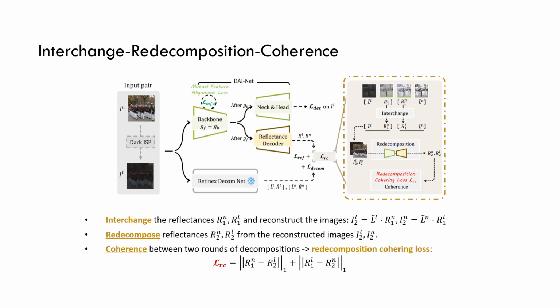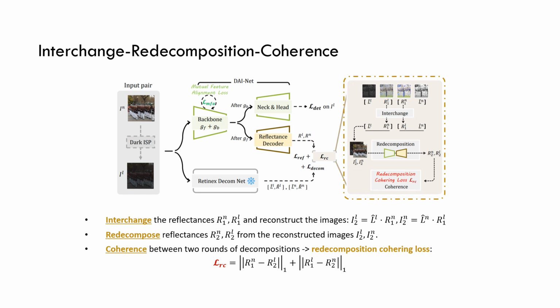Secondly, we aim at improving the vanilla image decomposition process to further enhance the reflectance representation learning. So in a vanilla image decomposition process, usually the interchangeability of reflectance map is considered.